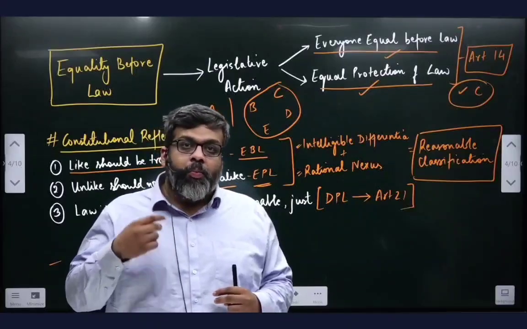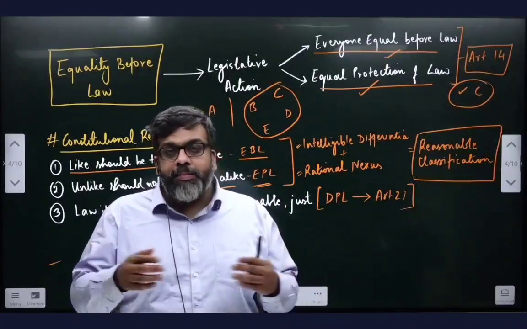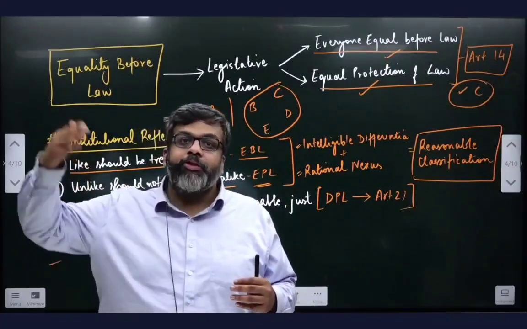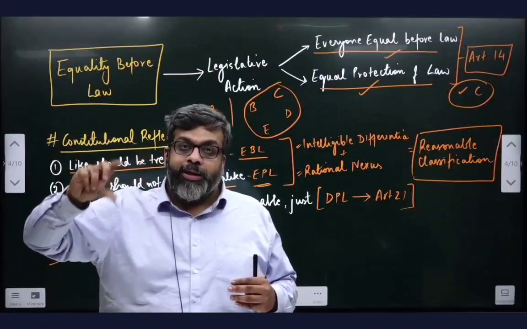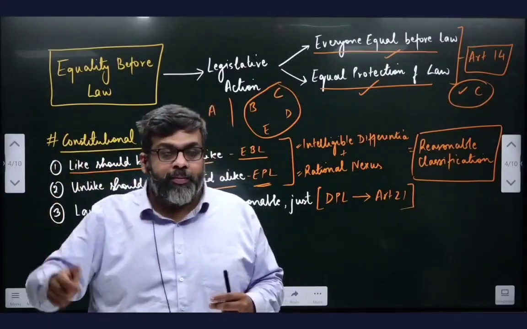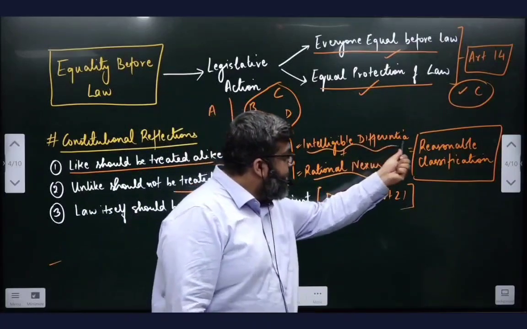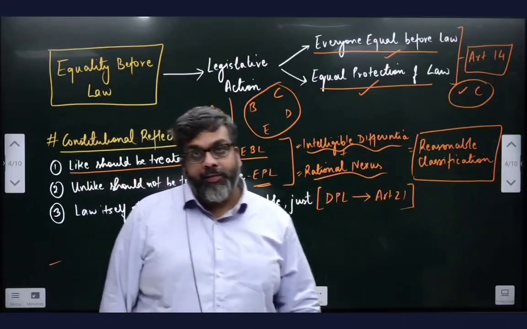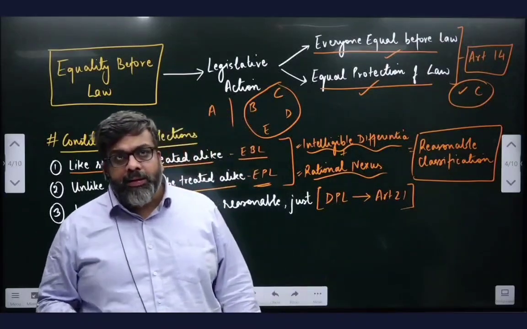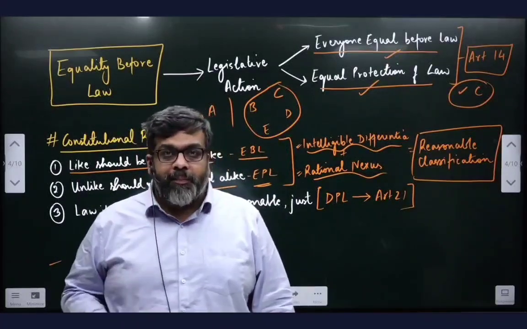And second, what is it that you're trying to achieve? If the basis is reasonable, it's called intelligible differentia. And if the objective is good enough, and by doing this you're achieving the objective, it's called rational nexus. You would apply this concept to adultery, to homosexuality, to reservation, everything possible.